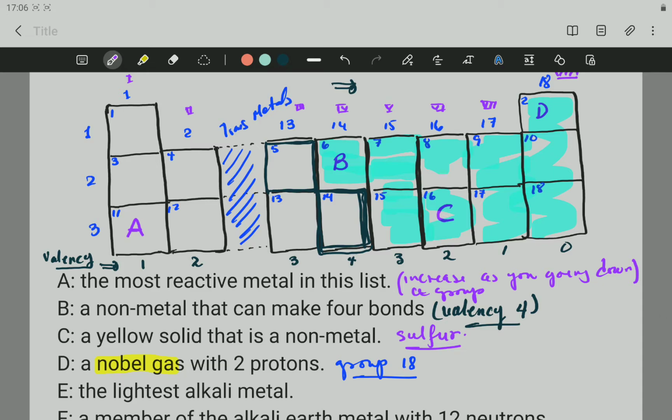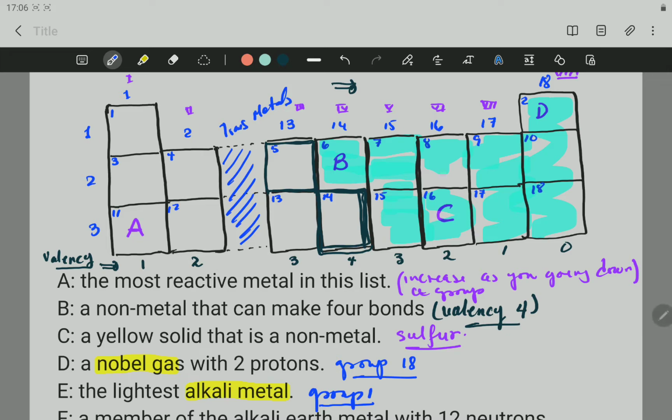So moving on, the lightest alkali metal. Now, the lightest alkali metal, we are in group 1. The alkali metals are the elements in group 1. So we are looking for one of these elements in group 1. Note that the first element is hydrogen, which is not a metal, it's a non-metal.